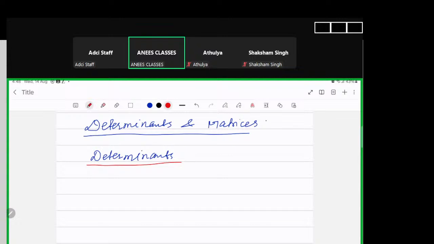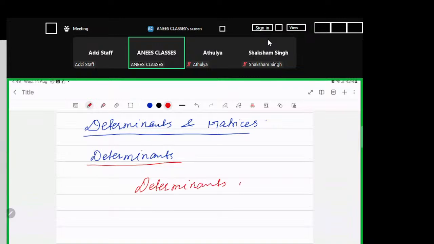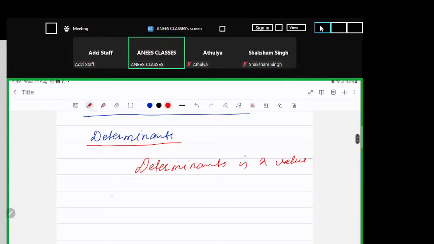Determinant is a value. Symbol of a determinant is two vertical lines.